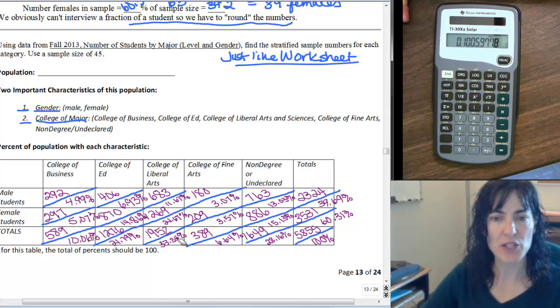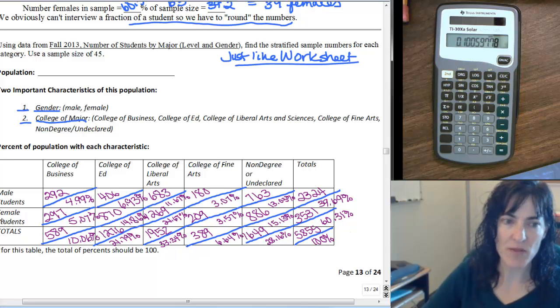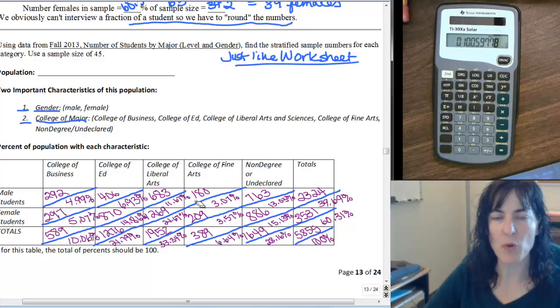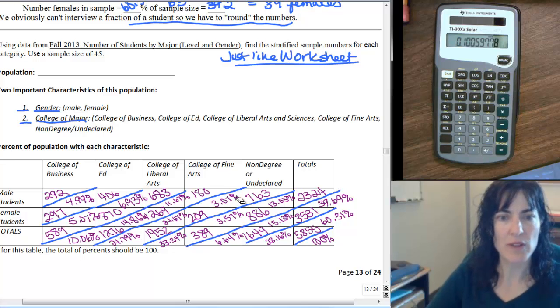So I know that this percentage is correct, but I also verify that these two add up to that percent. And then the next thing, once I've got all of those inside of my table where I feel like they're accurate, then I double check these percents, like add up all of these.